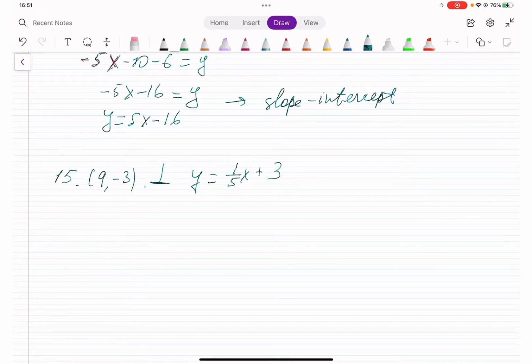So we need to write the equation of the line in the point slope form, and in the format of slope and intercept.